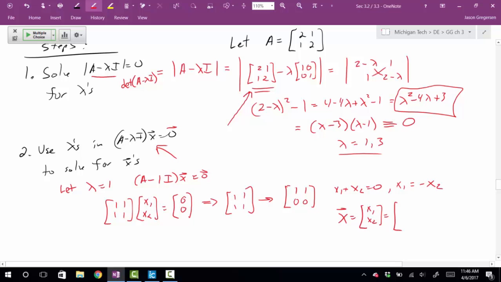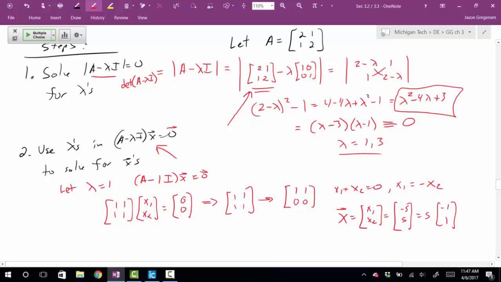I can essentially choose x2 to be free. It can be anything it wants to be. I'll give it a parameter name, s. But if x2 is s, what is x1? Negative s. They both have a factor of s in there. I factor it out, and I get [-1, 1].